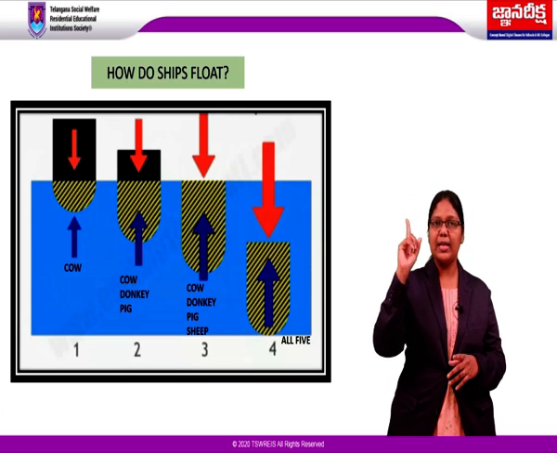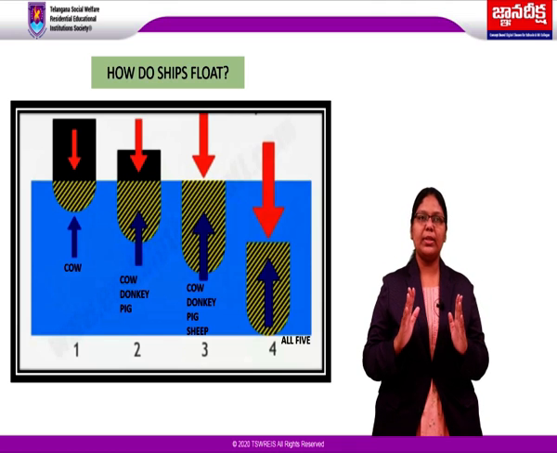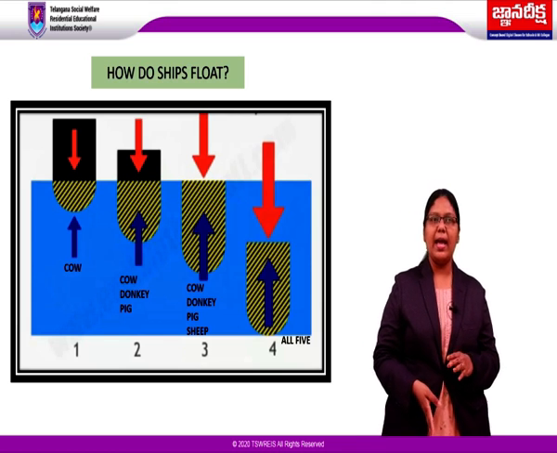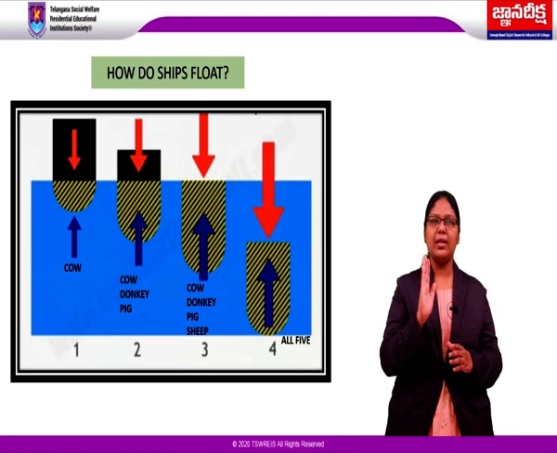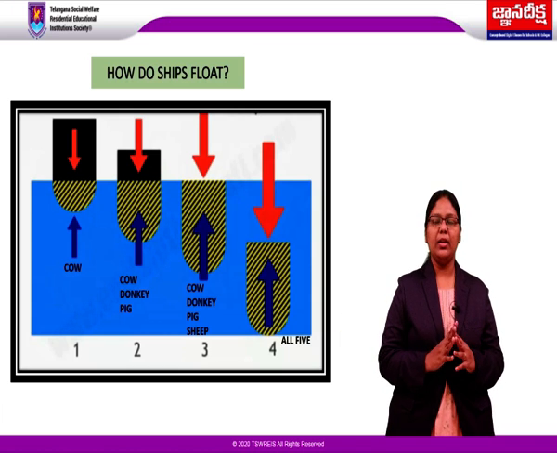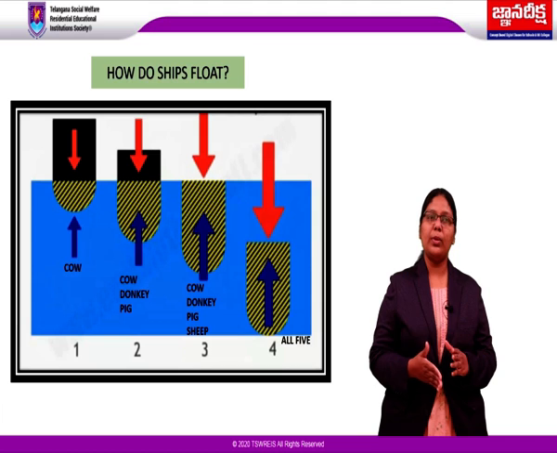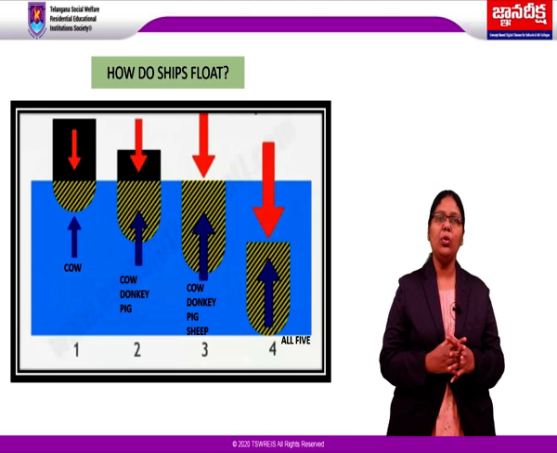As you can see, the red arrow indicates the weight of the boat with cow pulling downwards, and the blue arrow indicates buoyant force acting upwards by displacing water equal to the weight of boat and cow. Since both are equal and acting in opposite directions, this makes the boat float.